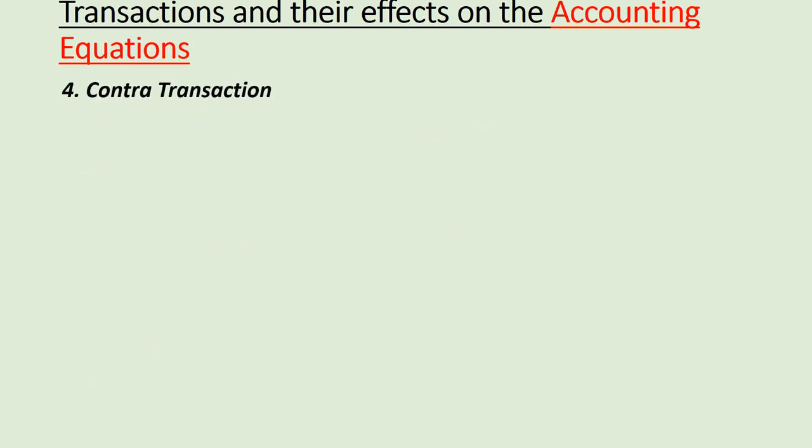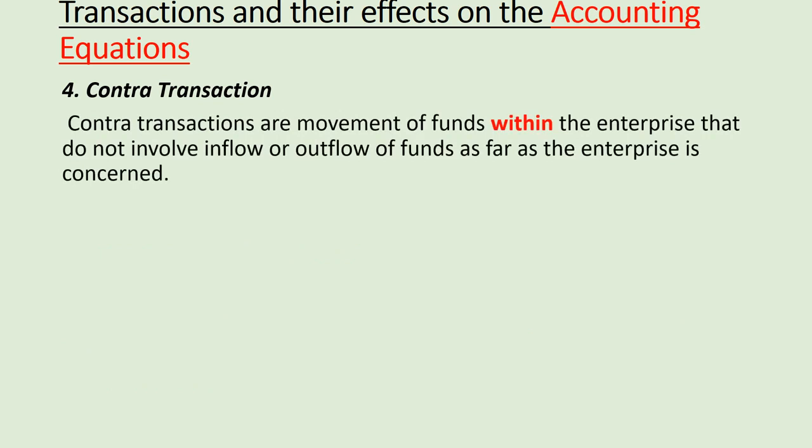The fourth type of transaction is contra transaction. In a contra transaction, there are movements of funds within the enterprise that do not involve inflow or outflow of funds as far as the enterprise is concerned. It can be the assets of a business moving from one account to another.